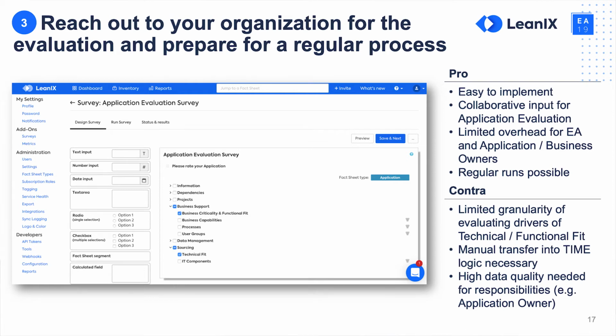If I have 300 applications and 100 application owners, or 50, or however many, this would go out to that number of people. So what's good in that? It's easy to implement. We get collaborative input, so you don't need to be the mastermind of all your applications. And I'm pretty sure nobody at Bosch would know what the technical fit of all the 14,000 applications looks like. So you need the intelligence and the knowledge of all your people.